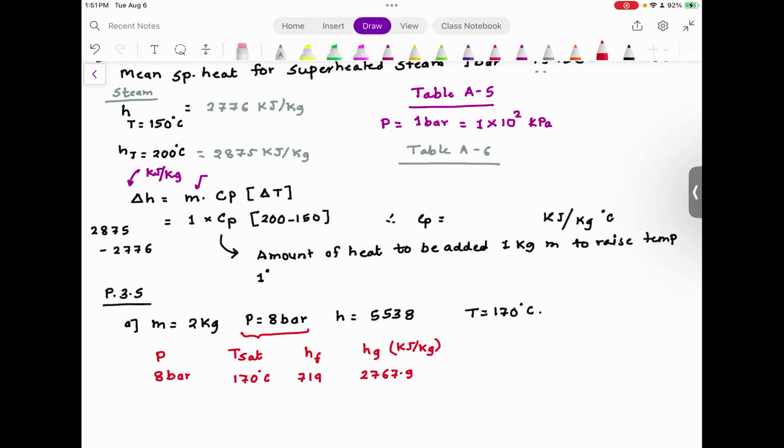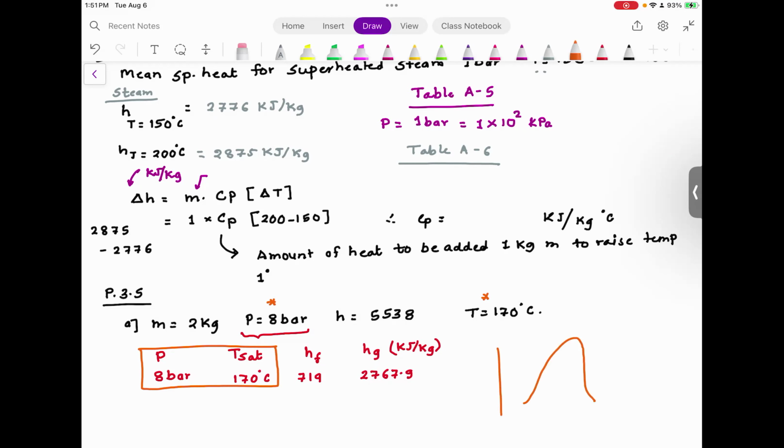Now what I want you to do is observe one thing. In the problem, the pressure given is 8 bar. Temperature is 170. Can you see for pressure equal to 8 bar, temperature is 170 degrees C, which indicates that it is on this line.